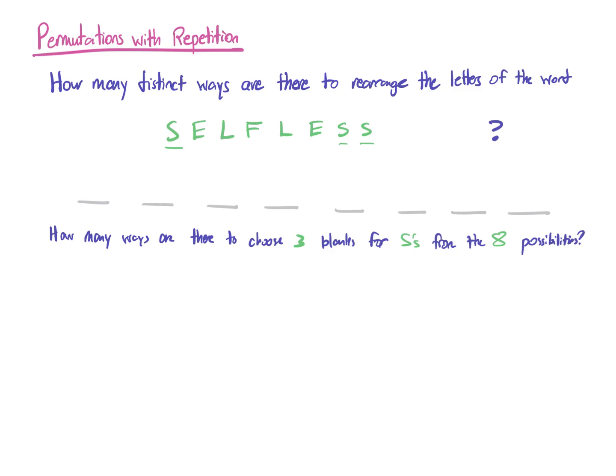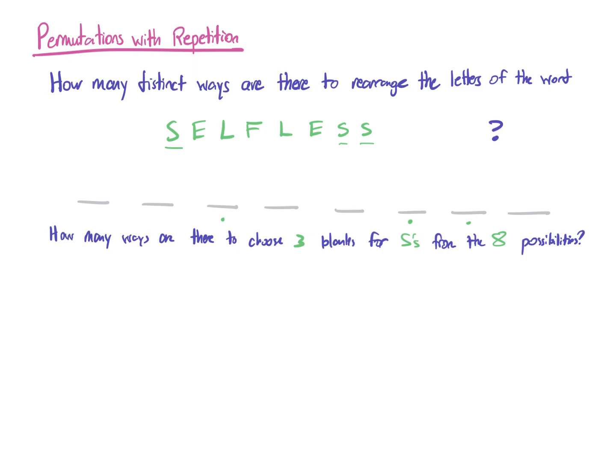So I just need to pick, for example, 1, 2, 3 blanks to hold my S's. I don't care what order they're in because all the S's are the same. There's not really such a thing as a third S or a second S or a first S. They're all going to lead to the same sequence.